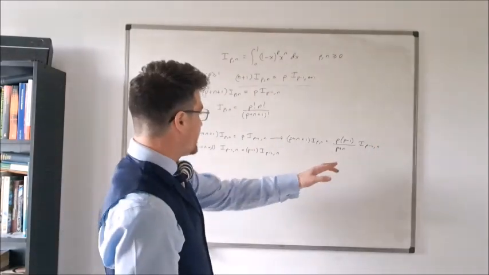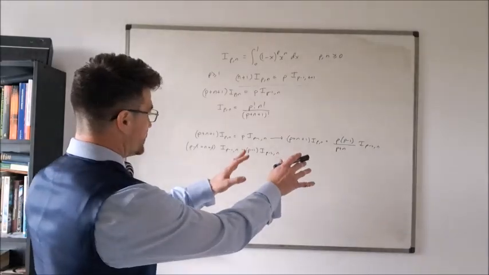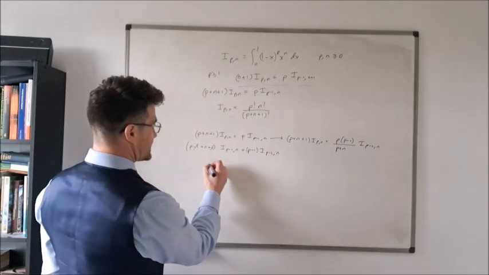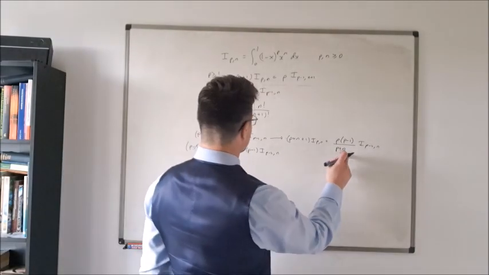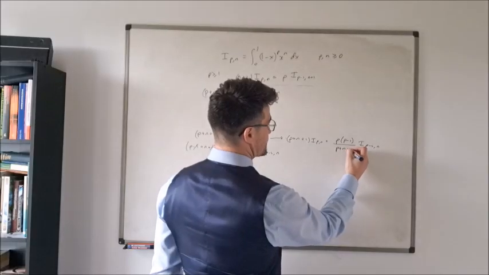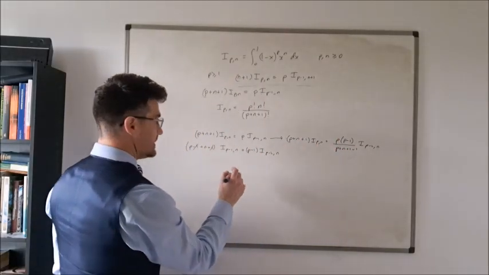So I can just rearrange this a little bit to make it easier for me to deal with. In fact, I'm actually going to leave this as p + n + 1 - 1.